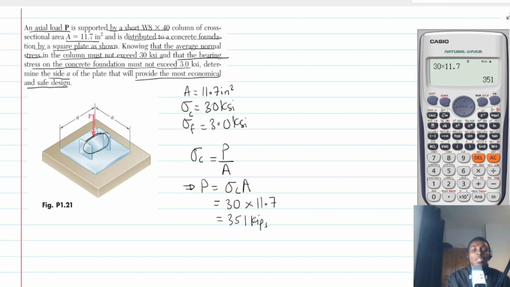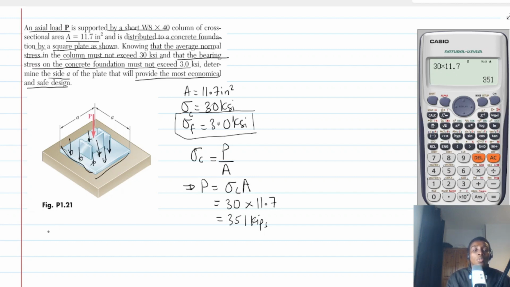And then the question said the load is distributed. All right. So this load is distributed on this plate. Therefore, what this is telling us is that the whole of this load is distributed on the plate. But we know that the stress on the foundation is 3 ksi.